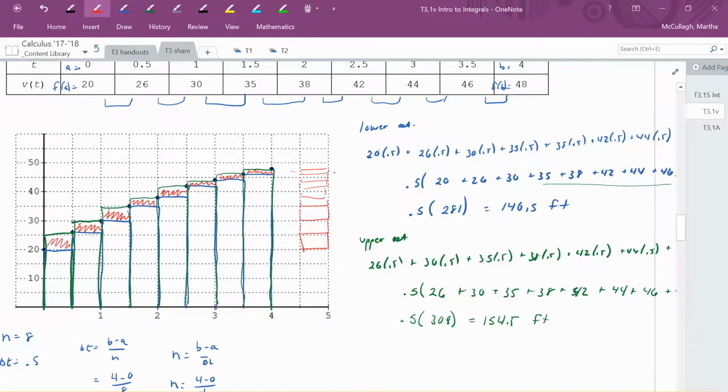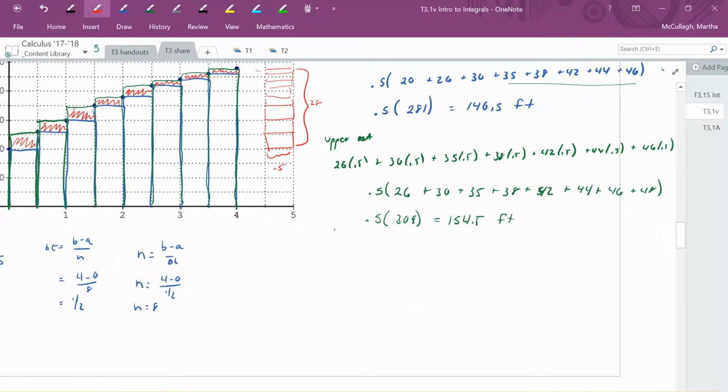If I stack those all up, the height is again going from 20 up to 48. The height is still 28 feet per second, but the width now is only a half a second. So the total area in dispute, my error, my accuracy, is 28 times 0.5, which is only 14 feet.